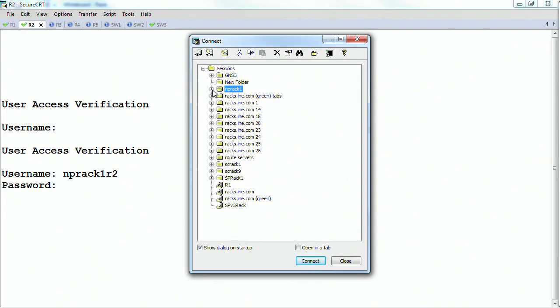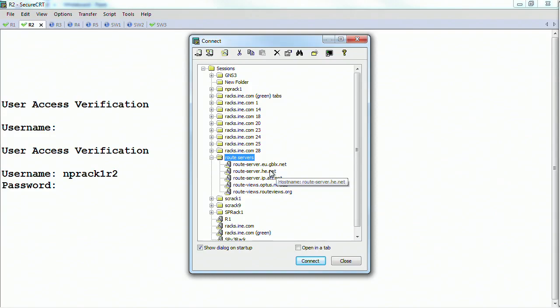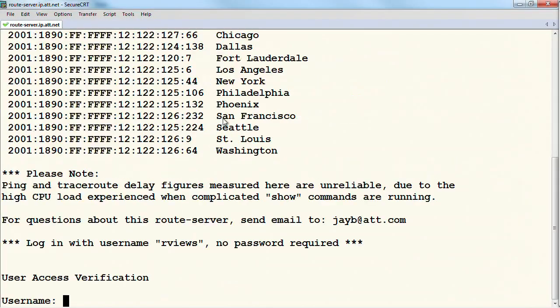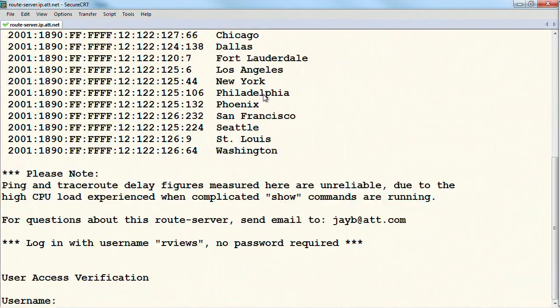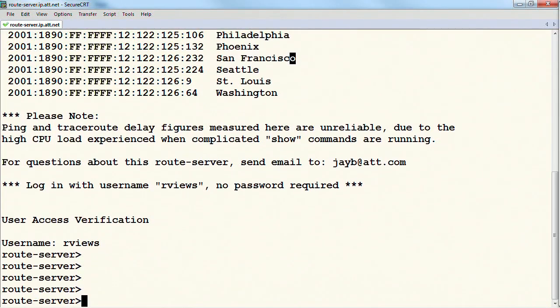there are these routers on the internet that are called route servers, where the different service providers host them. Like this one is hosted by AT&T. The usage of this is that if you're trying to change how traffic is routed from the internet back to you, you can look at what is my address that I'm routing to.